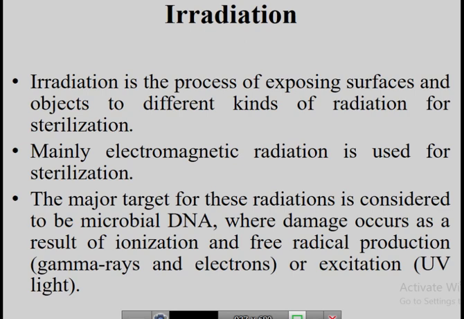When you expose any microorganism to radiations, these radiations are absorbed by the nucleic acid, DNA and RNA, and damage occurs to the DNA and RNA. These radiations include gamma rays and UV rays. These radiations can be very harmful to human beings too, for example UV rays or X-rays, because they fall directly on the DNA. The bases absorb these radiations, which results in mutations.